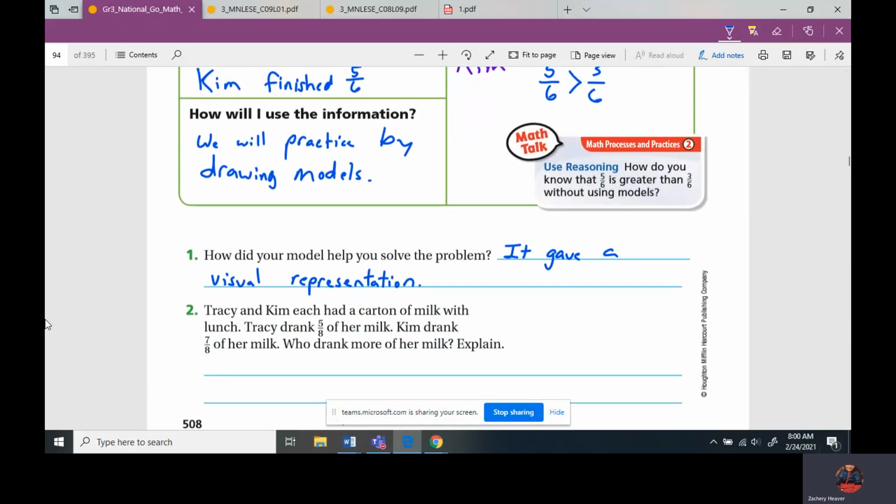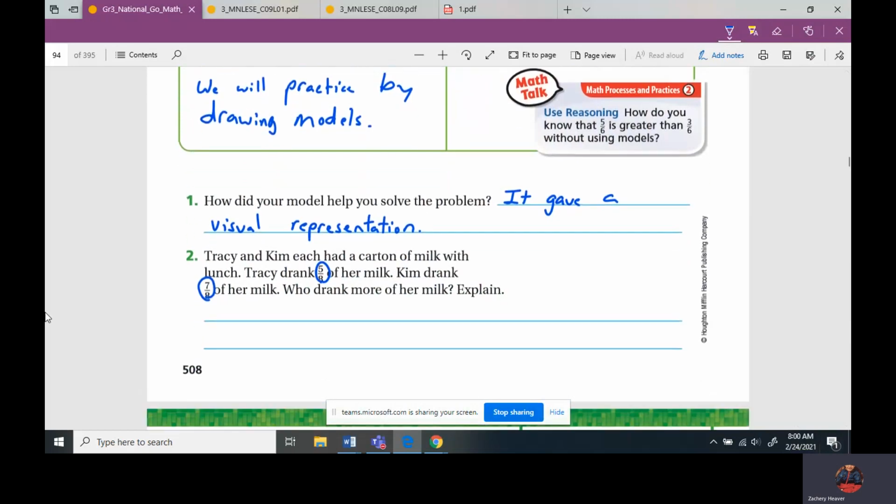It says Tracy and Kim each had a carton of milk at lunch. Tracy drank 5/8 of her milk. Kim drank 7/8 of her milk. Who drank more milk? Well, let's look at it. Tracy, I'm going to put a T for Tracy, is 5/8. Kim is 7/8.